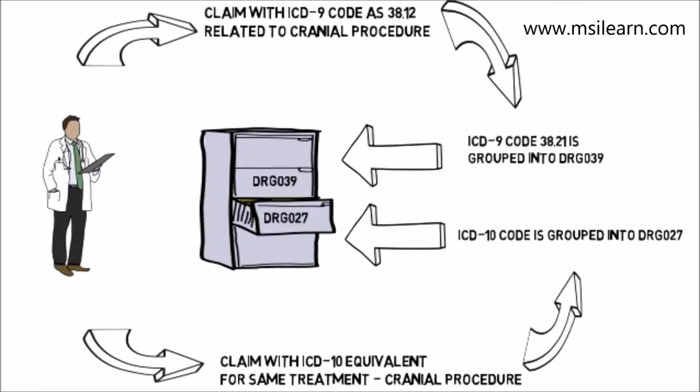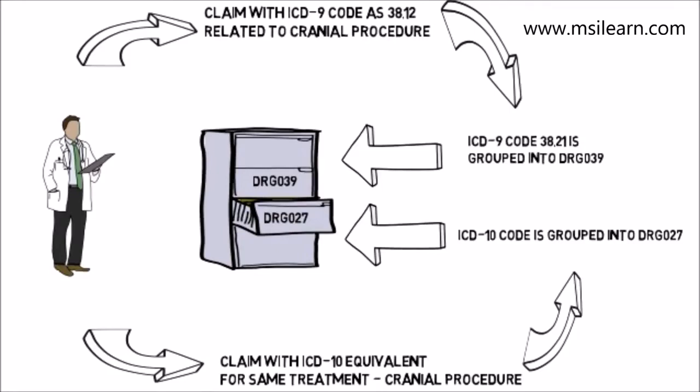So if you understand this scenario from a business standpoint, the doctor basically has provided the same treatment, the patient has the same diagnosis, but the doctor used to get, say, $1,000 in the ICD-9 world. For the same treatment, the doctor received $5,000 in the ICD-10 world. So in this case, we lost our financial neutrality.